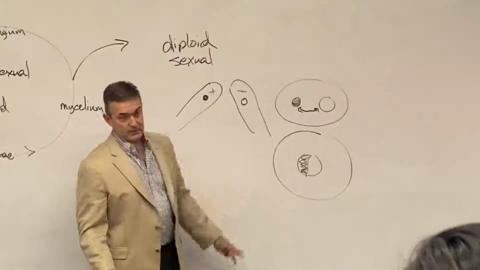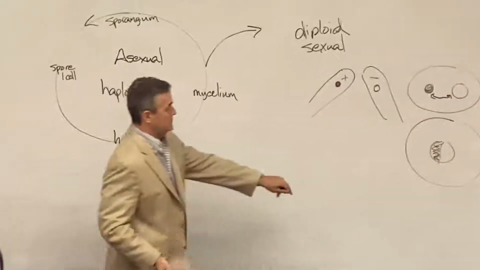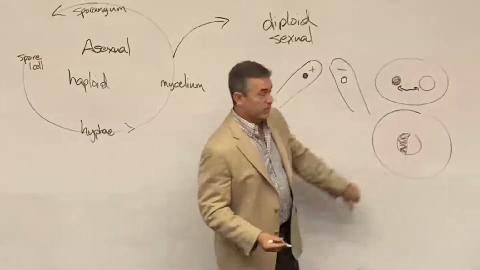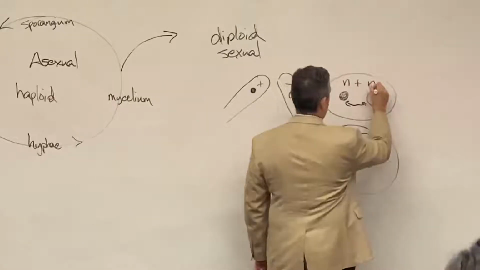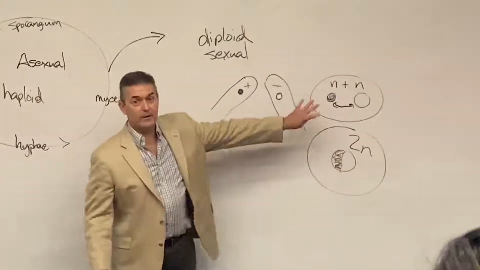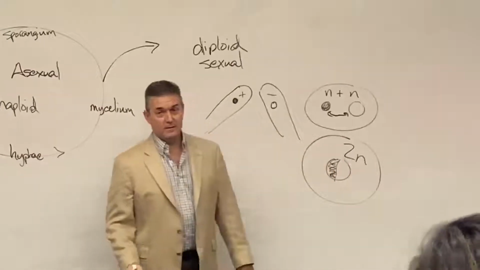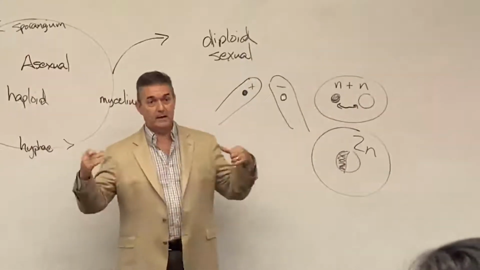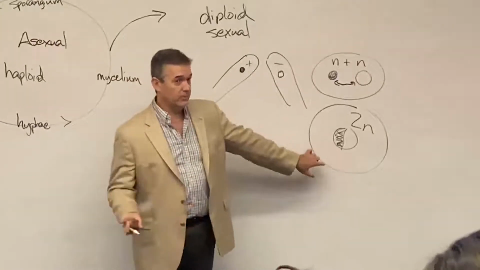Now, typically, for us, and even for plants, what this would mean is that you would take this new diploid cell. This one is different. It's not really diploid at this point. It's the dikaryotic state, N plus N rather than 2N. This diploid state in an animal would divide and divide and divide, and you get a complex multicellular organism that's diploid throughout.